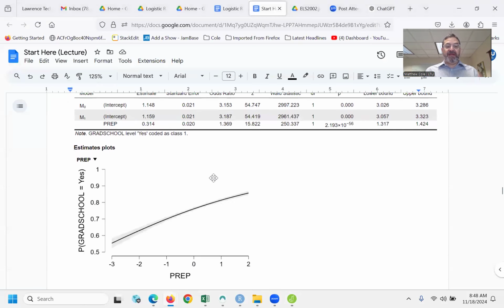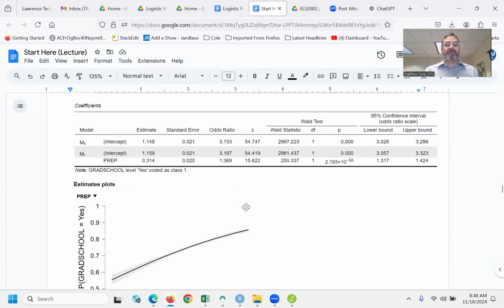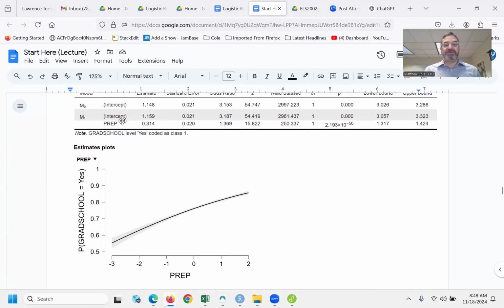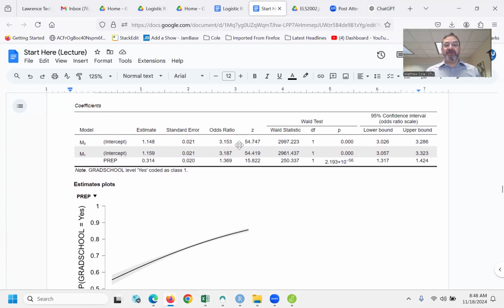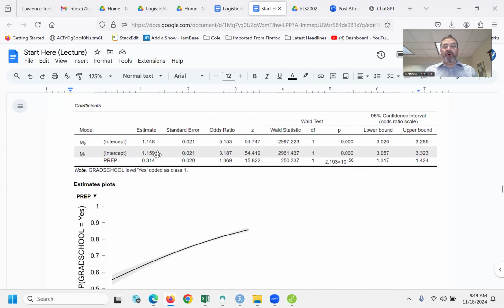And I spell all that out for you here, right? So let's understand a bit more. We start with an intercept. The intercept is a log of 3.2. That's the baseline odds of attending graduate school when prep is at 0. When you have an independent variable that's been standardized, our intercept is when the independent variable is absent or 0.